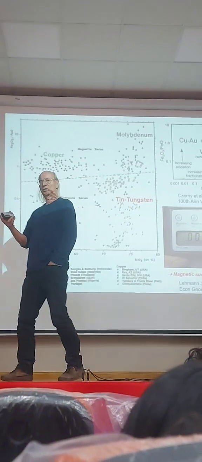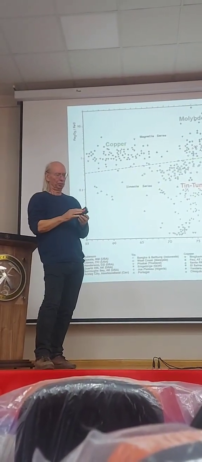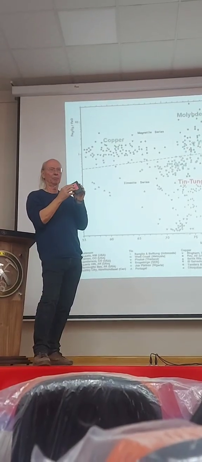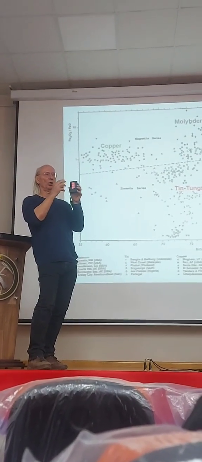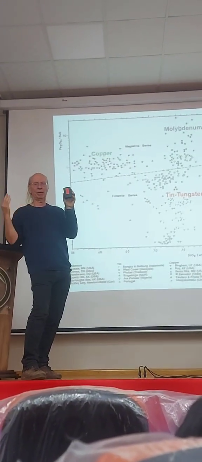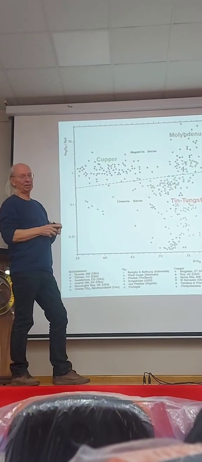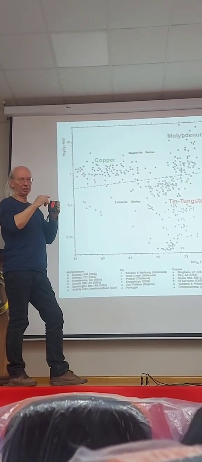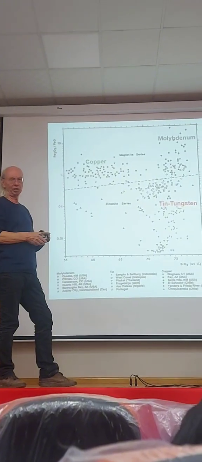This is a magnetic susceptibility meter. It produces an electromagnetic field and it compares the disturbance of the electromagnetic field by a rock with the disturbance by air. And if a rock has magnetite, then the electromagnetic field is disturbed and it gives me the magnetic susceptibility here.